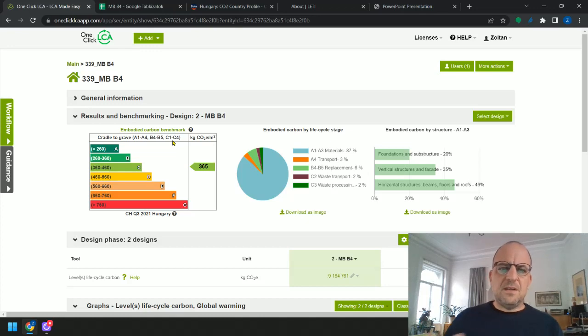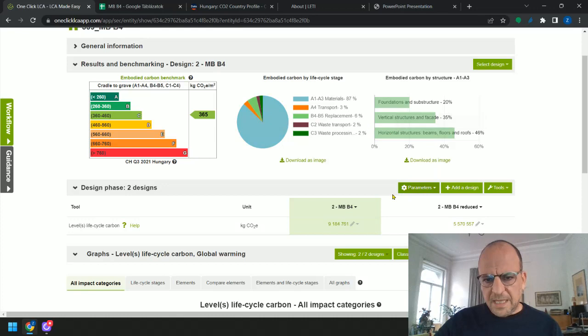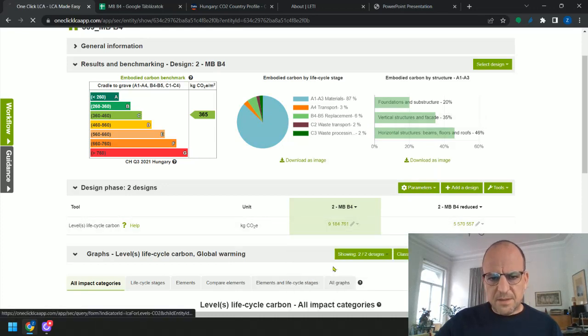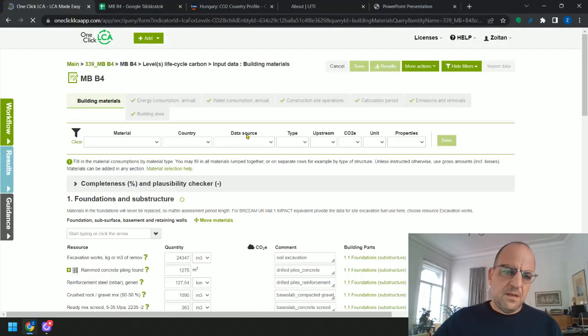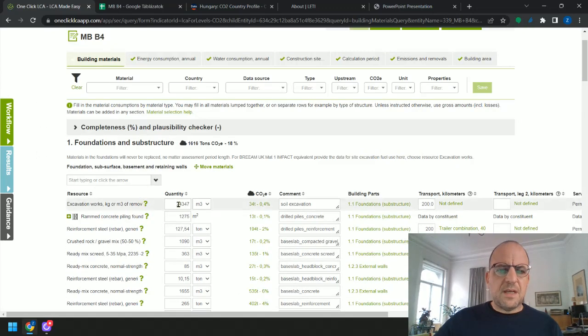So what we have done here, we just imported all the data, and you can see here building materials and its categories, and the program calculates the carbon dioxide emission related to a process or the material instantly. So you can check what the portion of the emission is, even within the project itself.